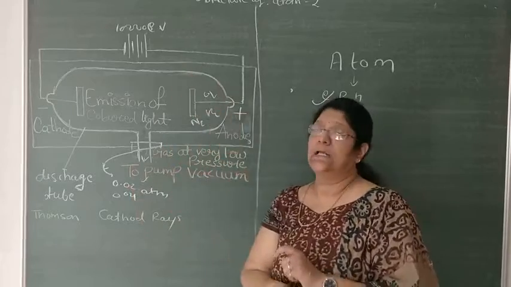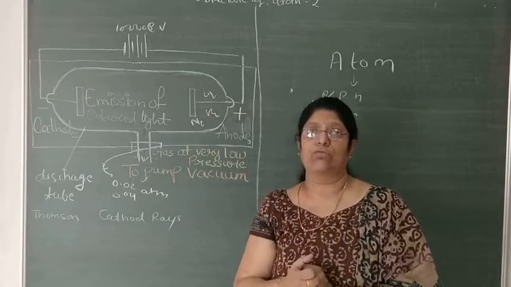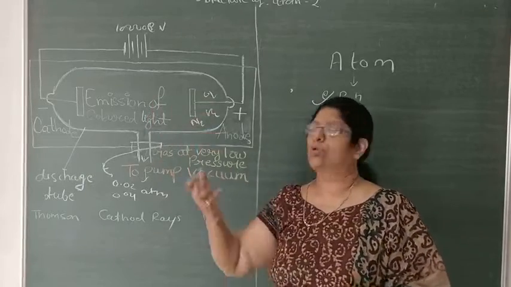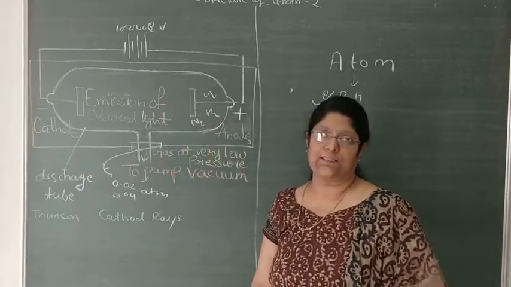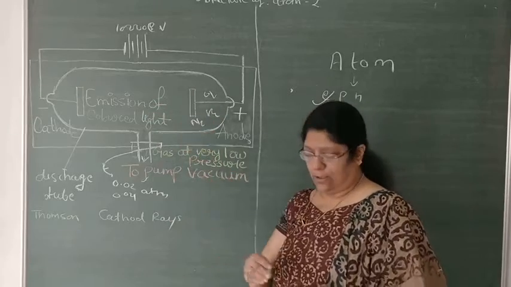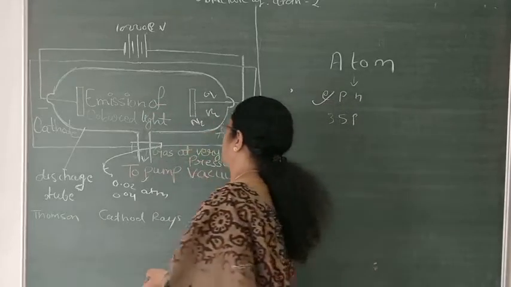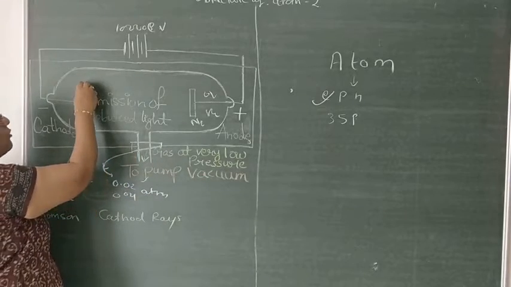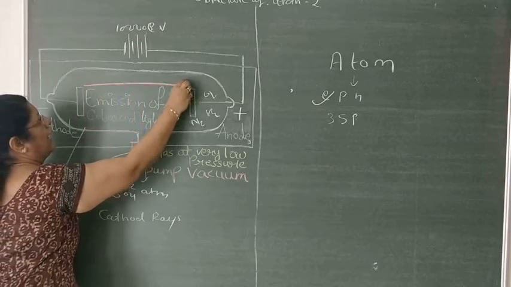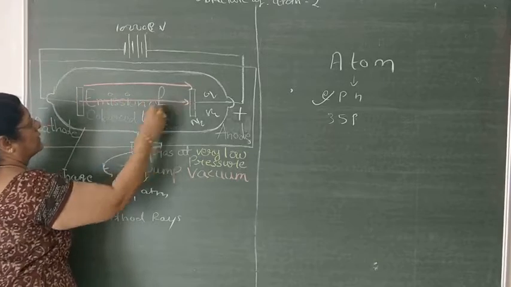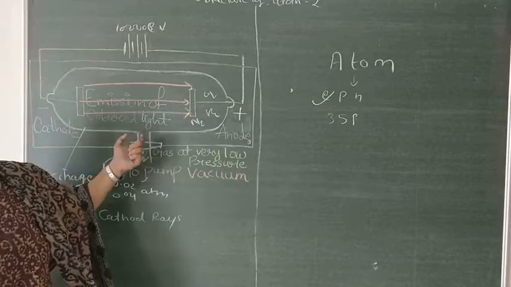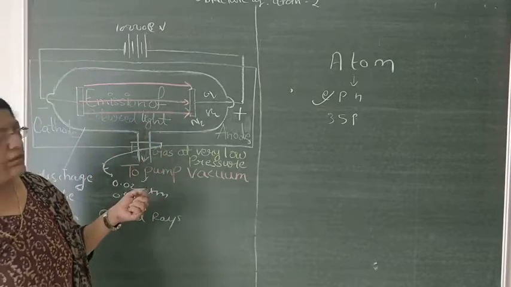Again we will apply 10,000 electron volt, and now we will see some beam of light producing inside this discharge tube. After a few seconds we see that some rays are coming out from this electrode and moving towards the opposite electrode.